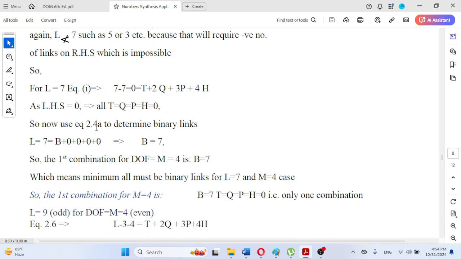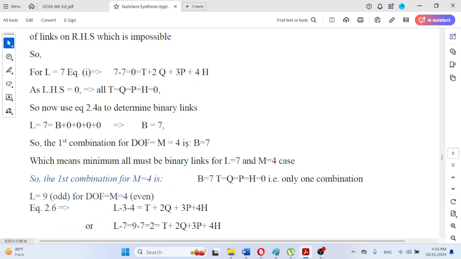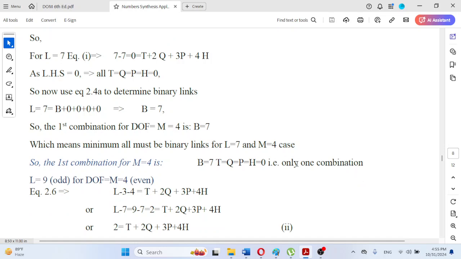Now we use the second equation 2.4a to determine the binary links. The total number of links is 7, so all are binary links. The first combination for DOF M equal to 4 is B7.